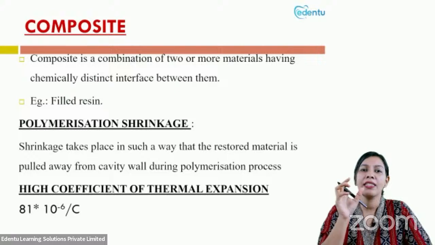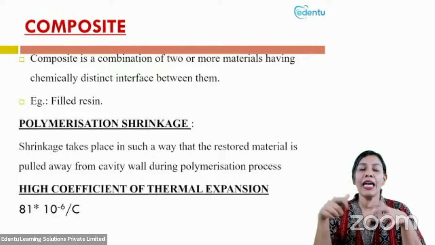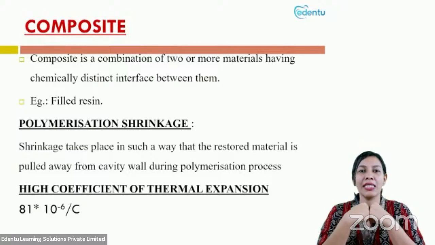A very important point is that composite undergoes polymerization shrinkage. Whenever we apply composite in the cavity and light cure, there is shrinkage of the composite. This is the main reason for secondary caries, microleakage, sensitivity, etc.